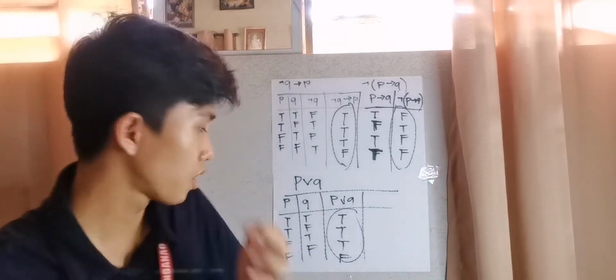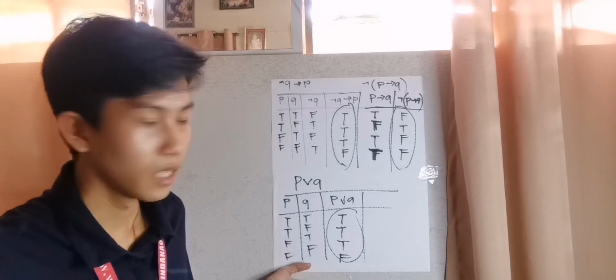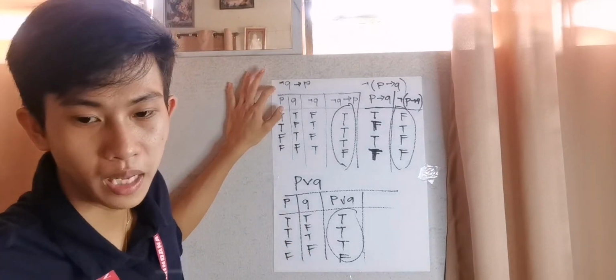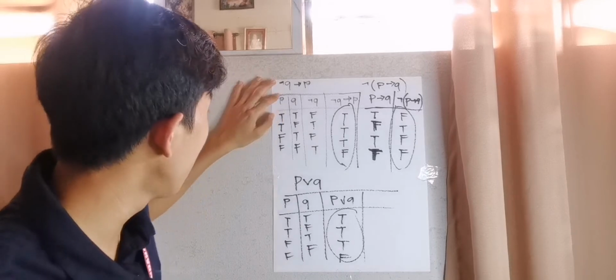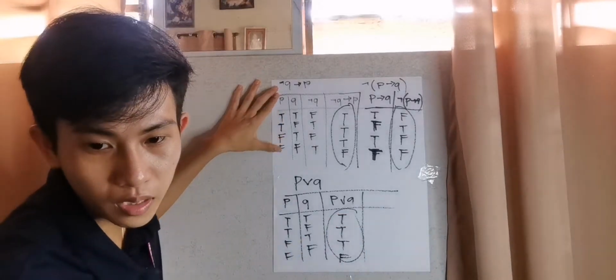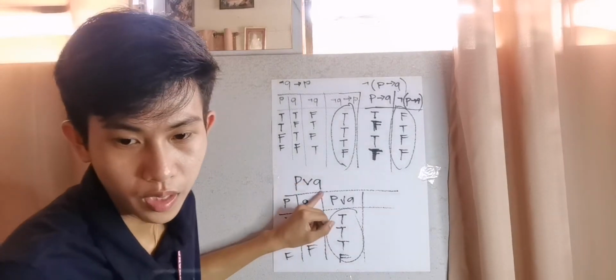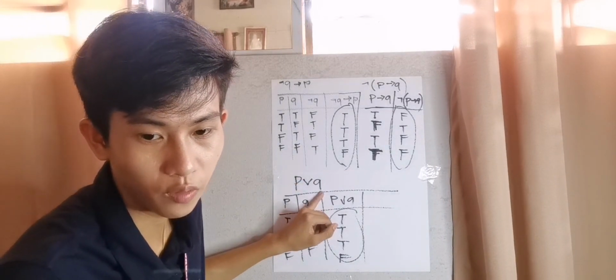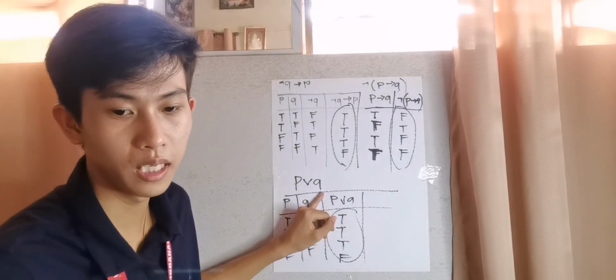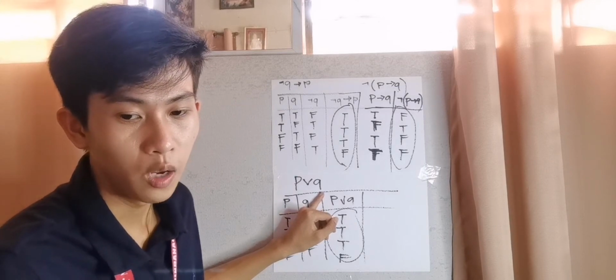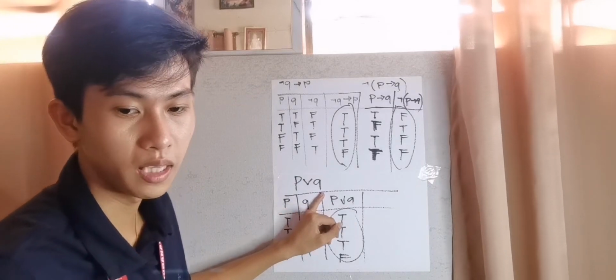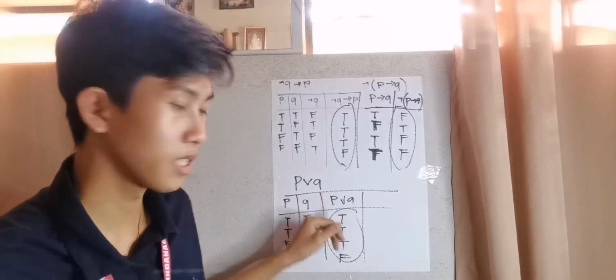So the truth table shown here shows that negation of Q implies P is logically equivalent to statement number 3, which is P or Q. So we will place the truth values of these two equivalent statements side by side in the same truth table. We will then examine the biconditional of these statements.